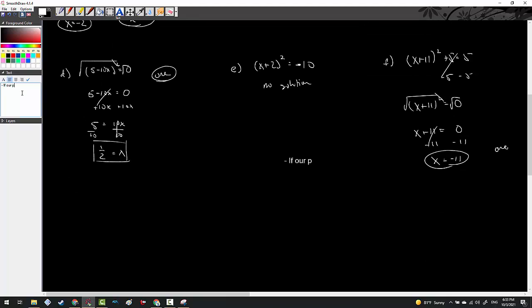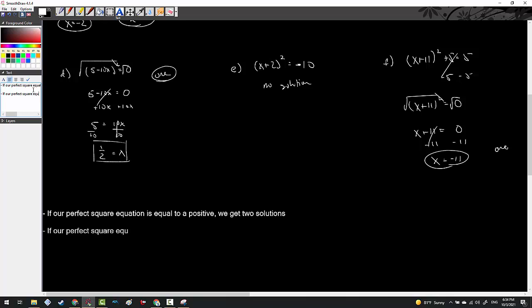If our perfect square equation is equal to a positive, we get, try and beat me to this answer here, we get two solutions. If our perfect square equation is equal to 0, we get, try and beat me to it, one solution.